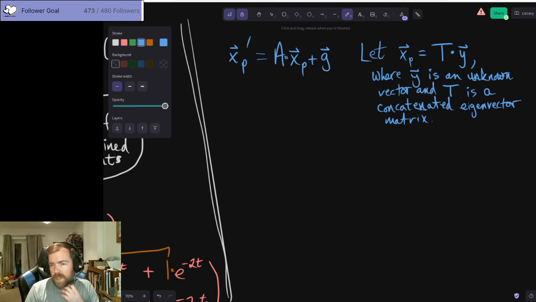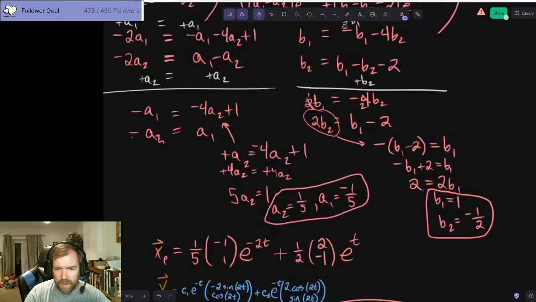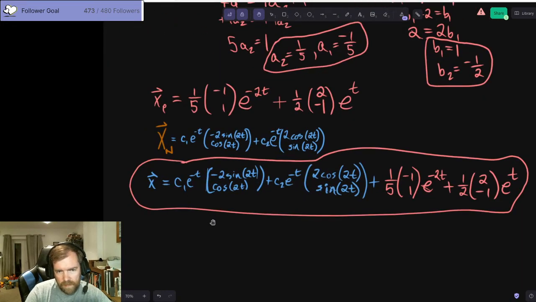So in this particular case, T is just taking our two eigenvectors that we had, which were, let's see, which way did we do it? It's down the bottom here. Oh, curses.